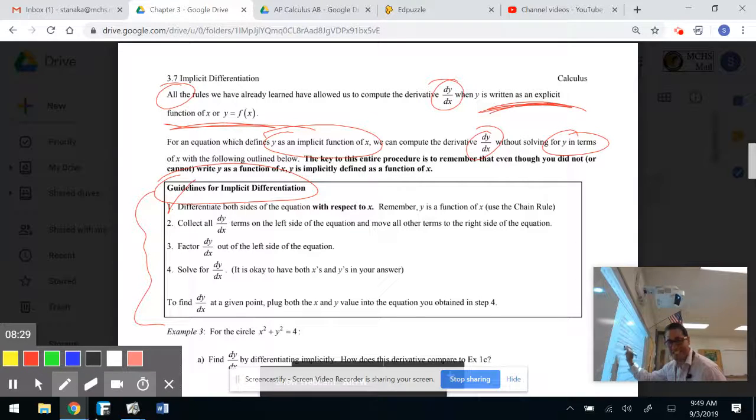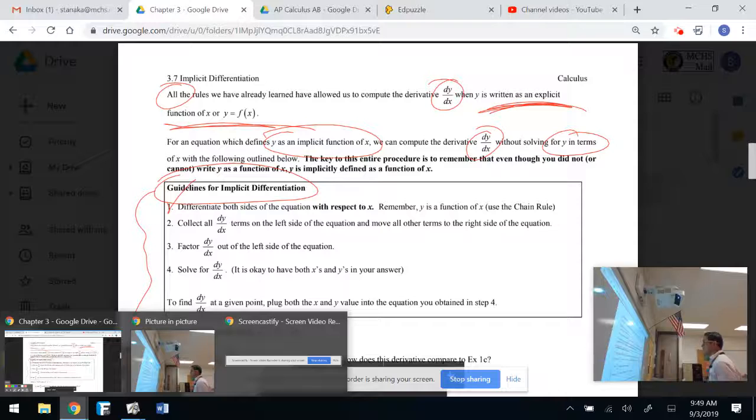1. Differentiate both sides of the equation with respect to x. Remember, y is a function of x. Use the chain rule. 2. Collect all dy/dx terms on the left side of the equation and move all of the other terms to the right side of the equation. 3. Factor dy/dx out of the left side of the equation. 4. Solve for dy/dx.